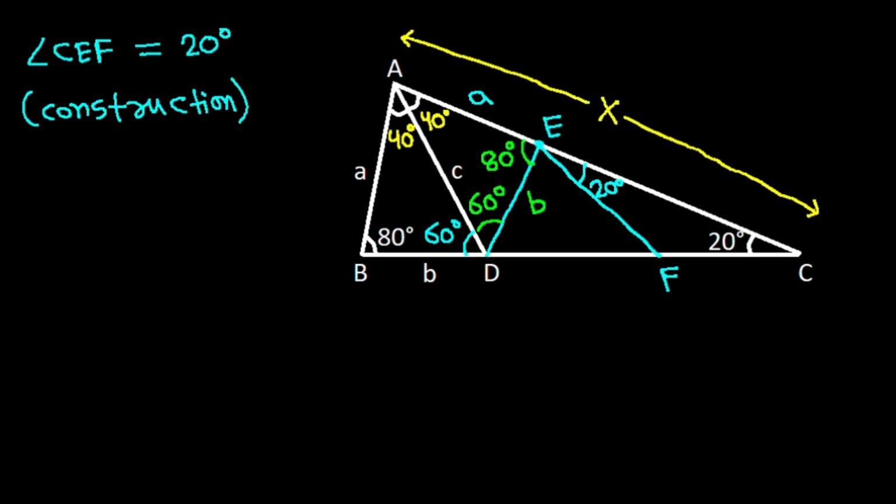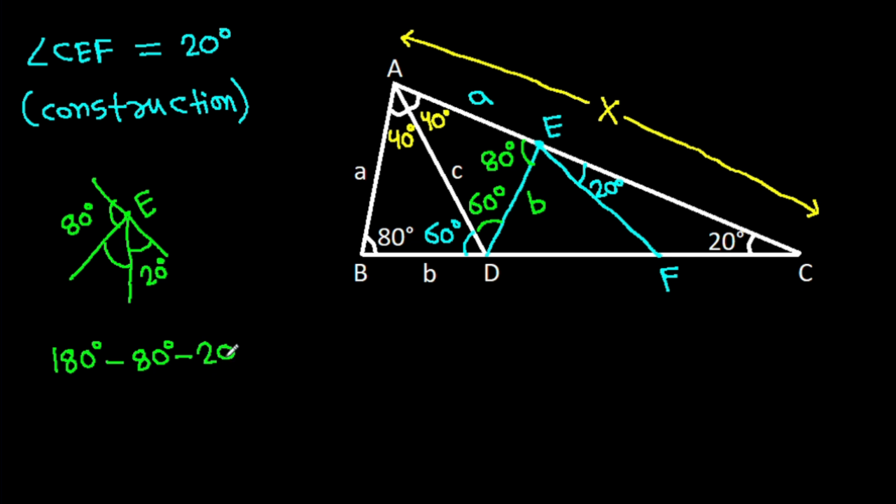Then at point E, this angle is 80 degrees. This angle is 20 degrees. So this angle will be 180 degrees minus 80 degrees minus 20 degrees, that will be 80 degrees. This angle is 80 degrees.